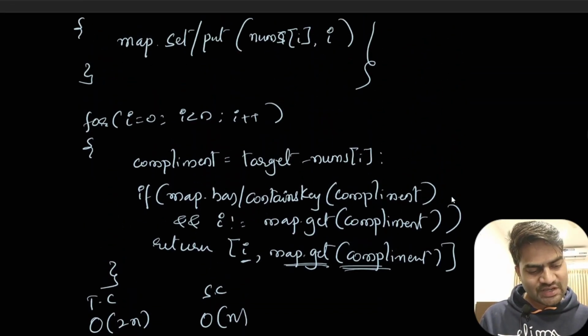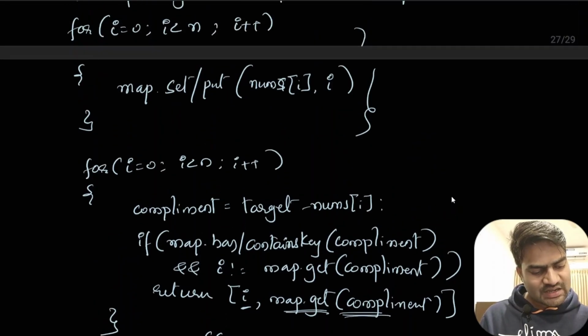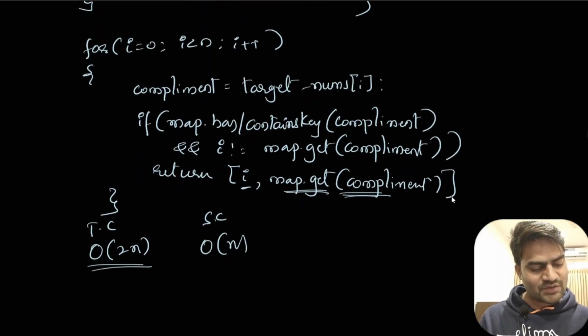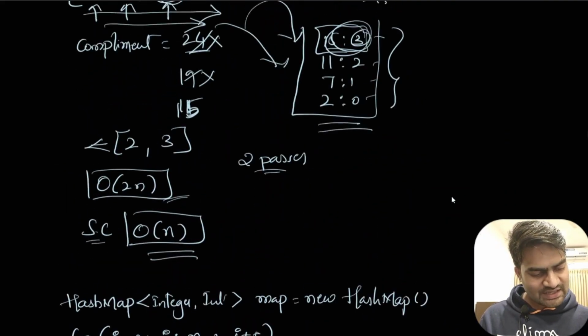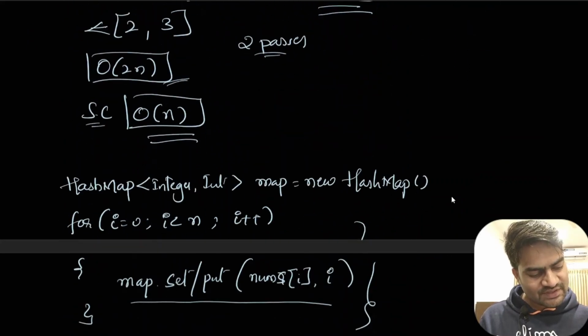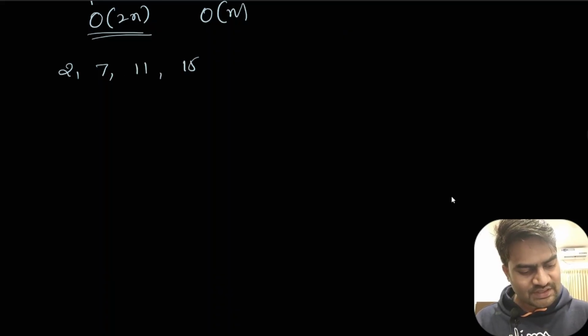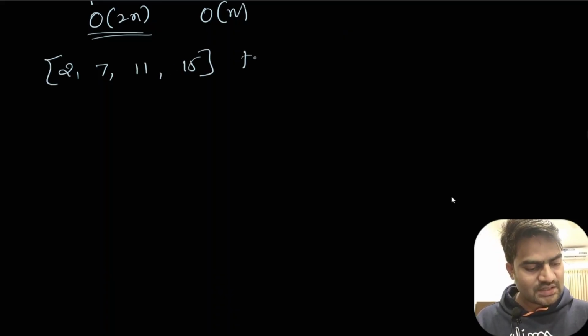Now, here what we are doing, we are first preparing our map, and then we are checking for the complement. Let us take the example again, which is 2, 7, 11, 15, and our target equal to 26.